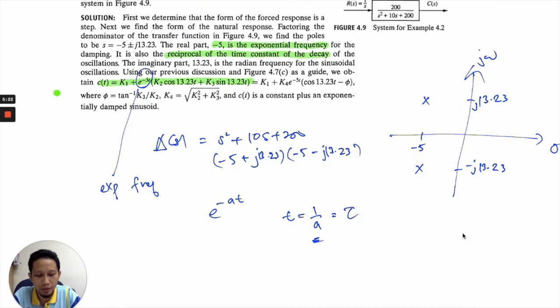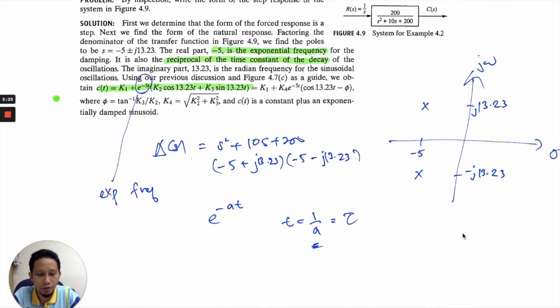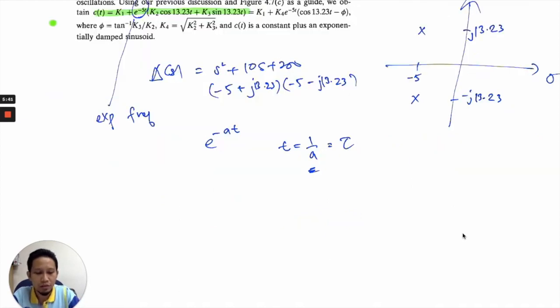By inspection of this system with a unit step input, we can expect the response the system has, since it has components both on the real axis as well as the imaginary axis.